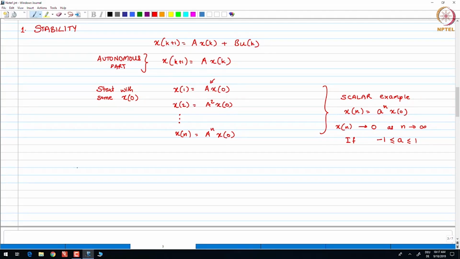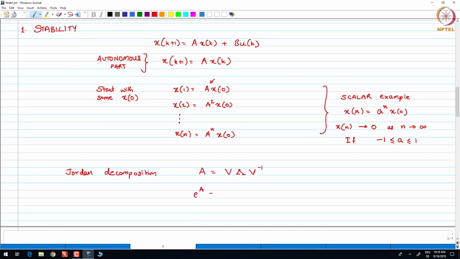The reason we can apply it to the A matrix is what we had considered earlier. So, let us do the Jordan decomposition. A is going to be V lambda V inverse. This is a similarity transform.